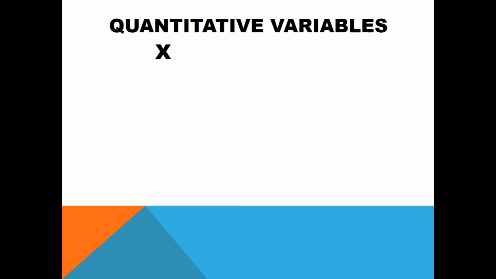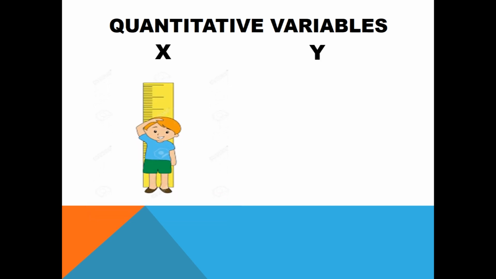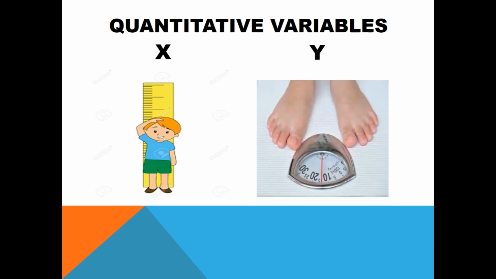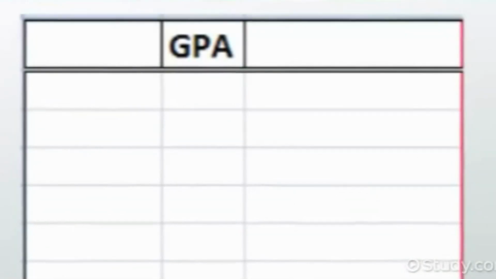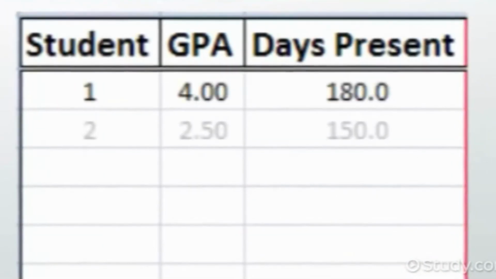Thus, x may be the height and y may be the weight of a person, or x may be a student's attendance in the class and y his GPA score in the examination. Now, consider the following example.